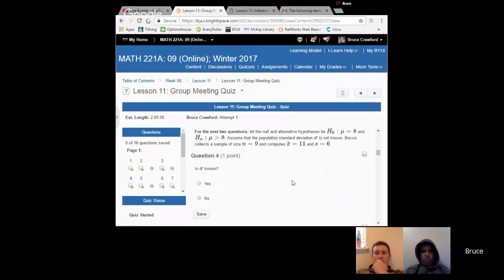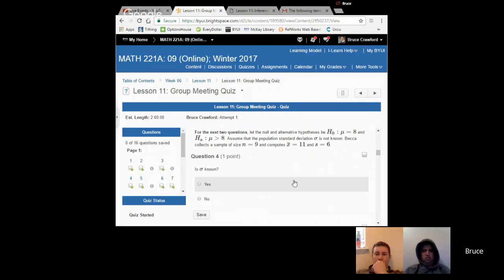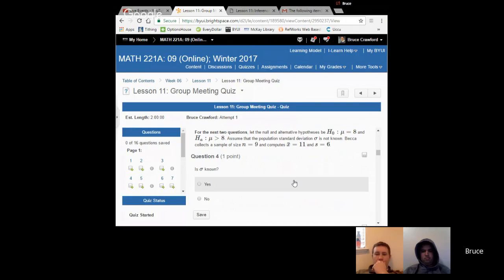For the next 2 questions, let the null and alternative hypotheses be: null is mu equals 8 and alternative is mu is greater than 8. Assume the population standard deviation is not known. Becker collects a sample size of 9 and computes x bar to be 11 and the sample standard deviation to be 6.